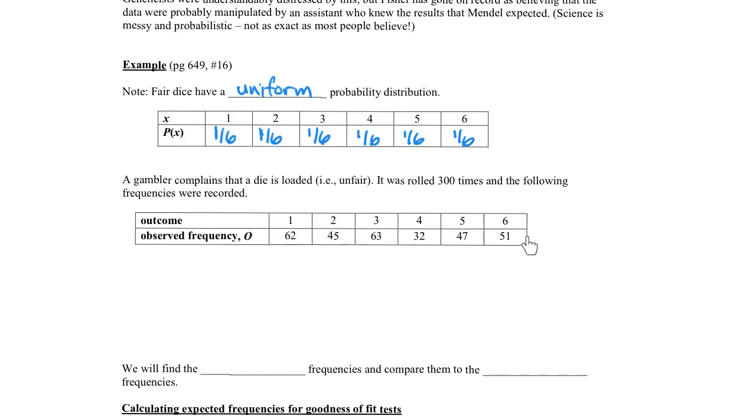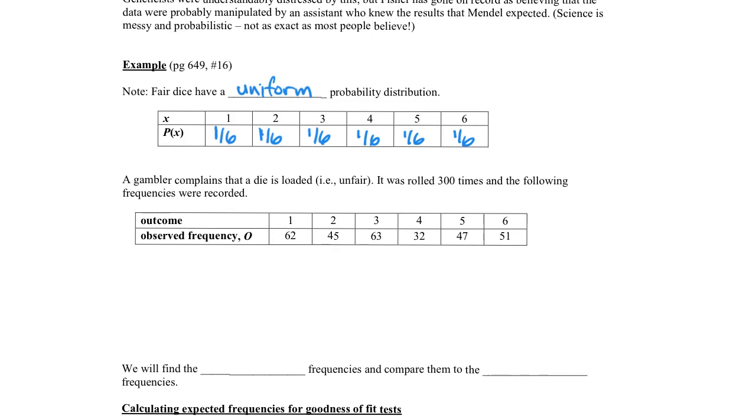Basically the question we have to come up with is, are these numbers close enough to 50 to where we think, yeah, this is probably a fair die, or are they not close enough? That's the question we have to consider.